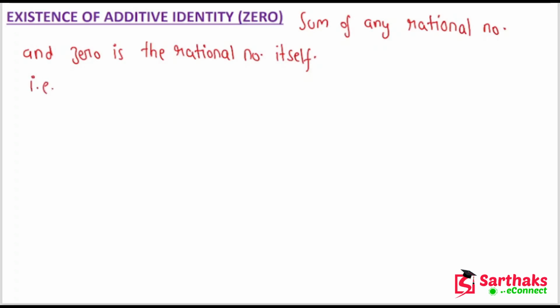That is, it is very easy. You all know that if we add 0 to any number, it does not make any change, right? So the rational number is itself.